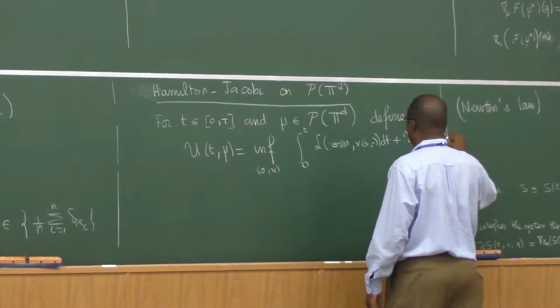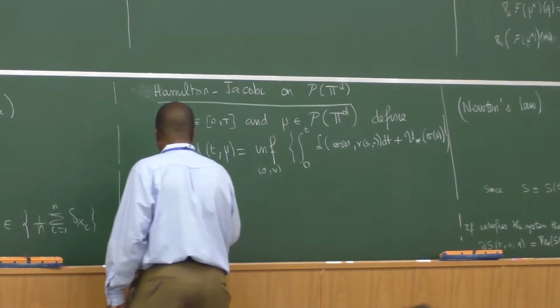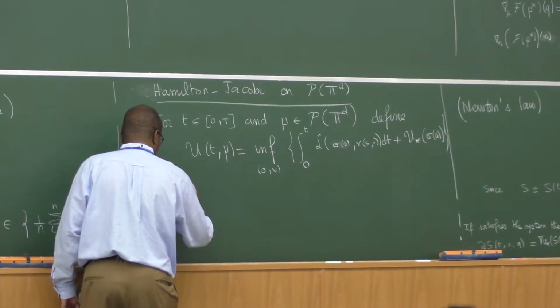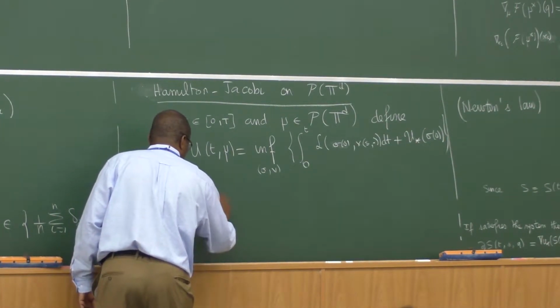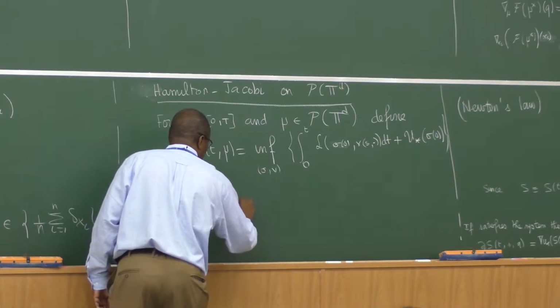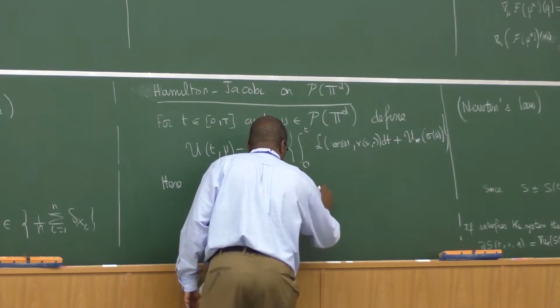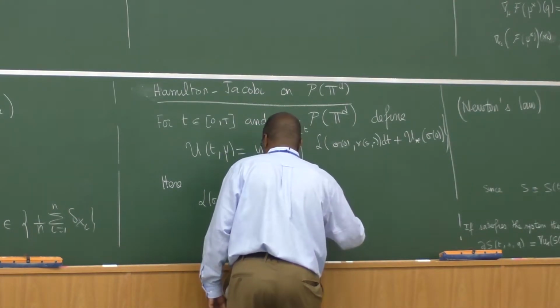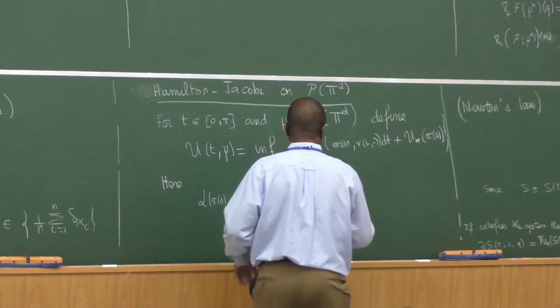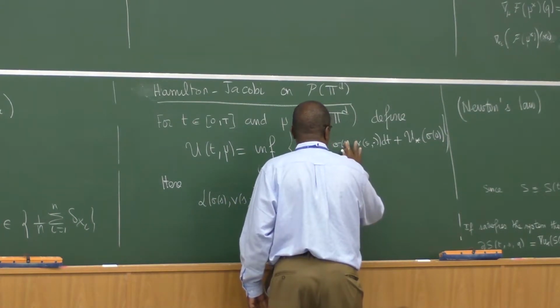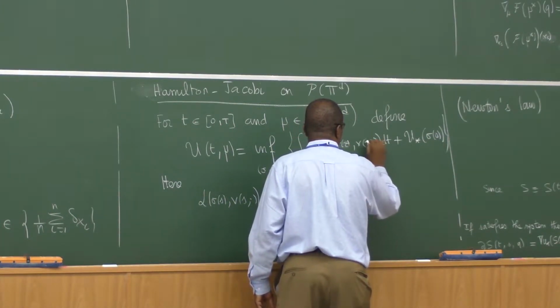So here what is L? Here L of sigma_s, V_s is 1/2 the integral on the torus of V, so I'll call it tau, V tau.